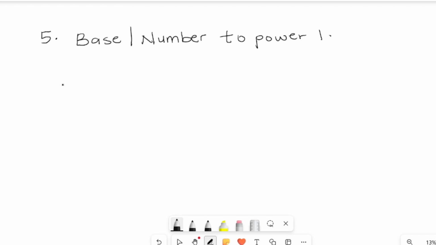This is the fifth law. Any base or number to power 1. So we have a base, let's say a. We like using a, raised to power 1.